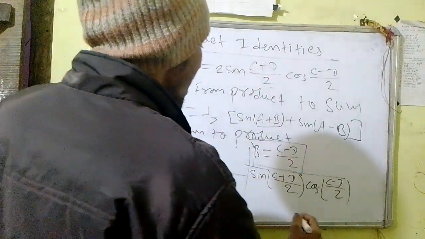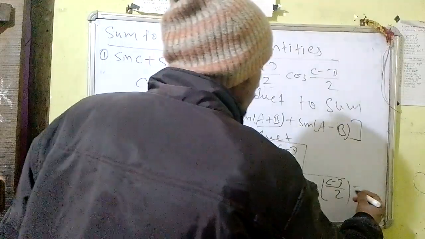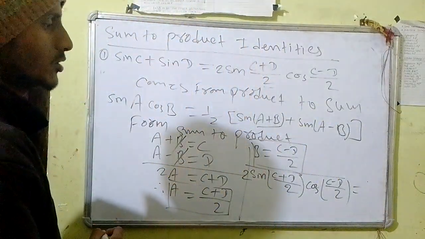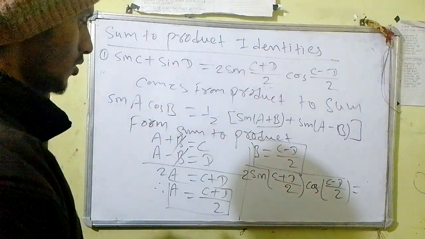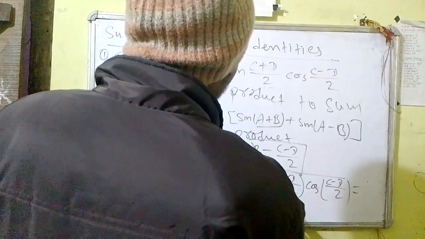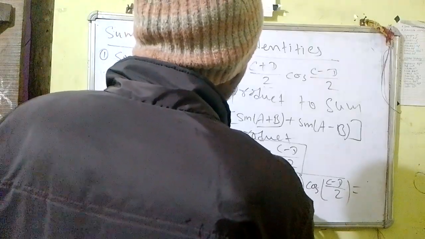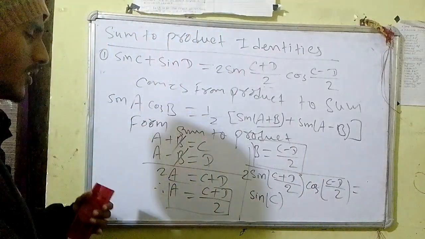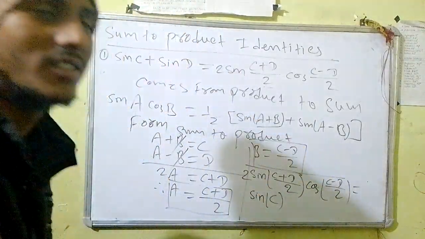And this is equal to half. If I bring the half onto this side, then a factor of 2 will come on this side. And on this side, I'll be left with sine A plus B, and for A plus B we know C, because C and D are known, and A and B are unknowns in this case.